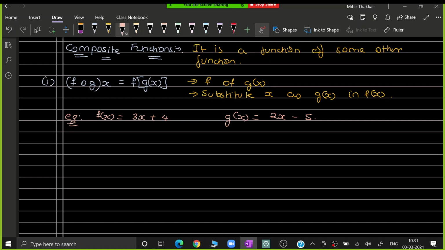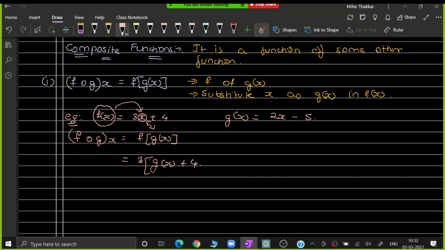If I want to find f o g x, or f of gx, you have to substitute x as gx in fx. This is your fx. In fx, I have x over here. Here, I have to replace this by gx. So as per the statement, it means that it is thrice of gx plus 4.